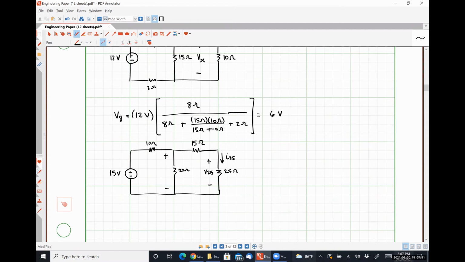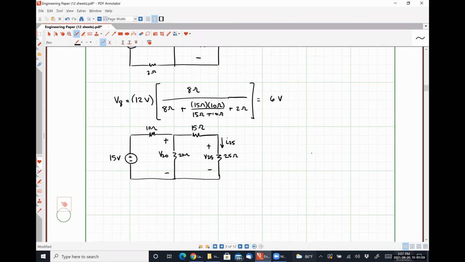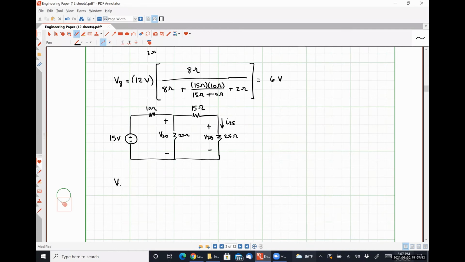Let's start by figuring out what this voltage V20 is. Okay, so V20 is going to be 15 volts times, so we're going to have a gnarly looking numerator here, right? What should my numerator be? 15 plus 25 is part of it, so I'm going to write that down.